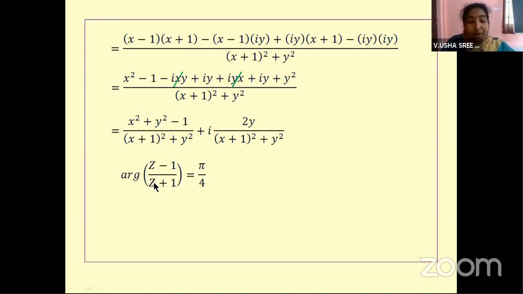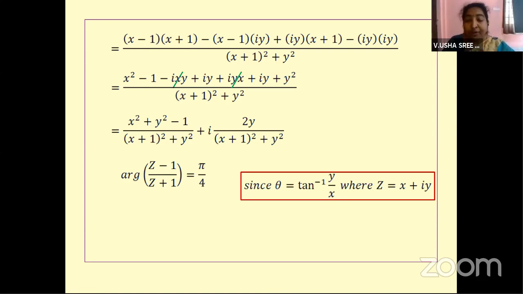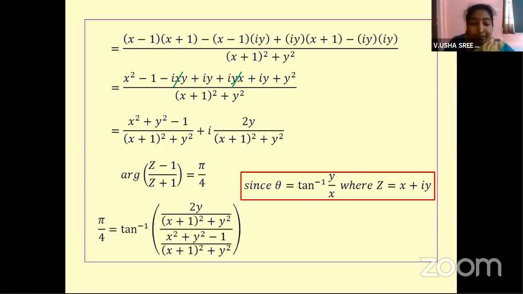Now, argument of (z minus 1) by (z plus 1) is given as pi by 4. You already know the formula: theta is equal to tan inverse of y by x, when you take z is equal to x plus iy. Now, all this is (z minus 1) by (z plus 1). What is your y in this problem?